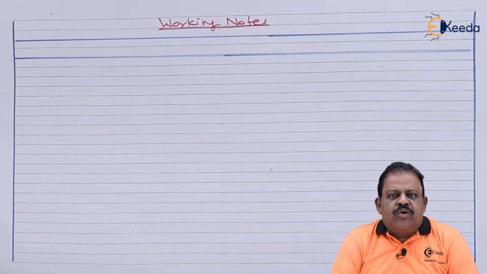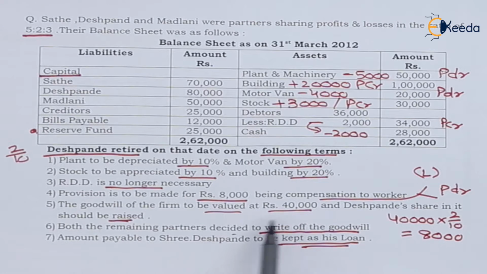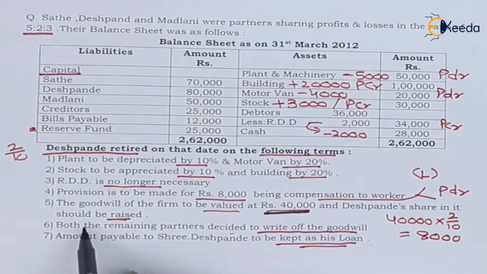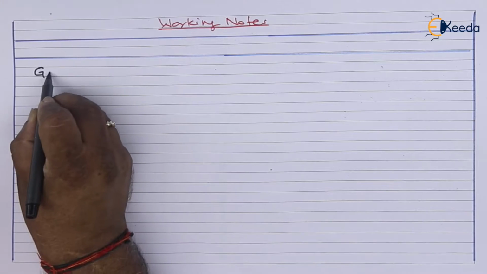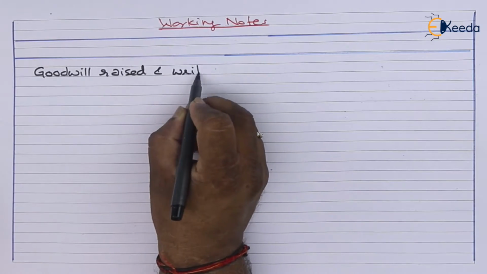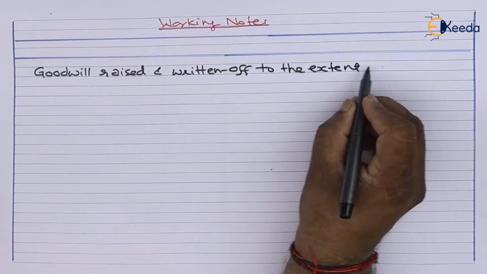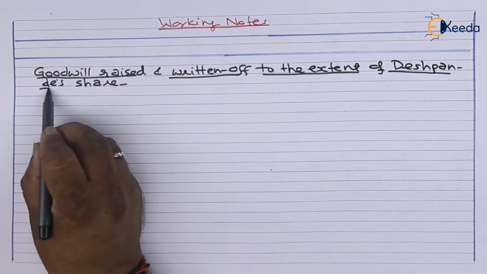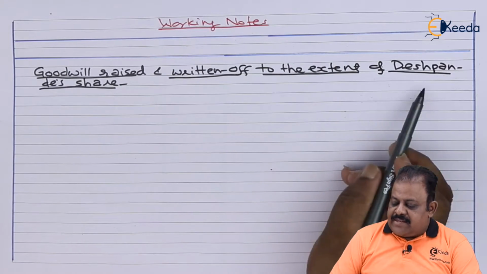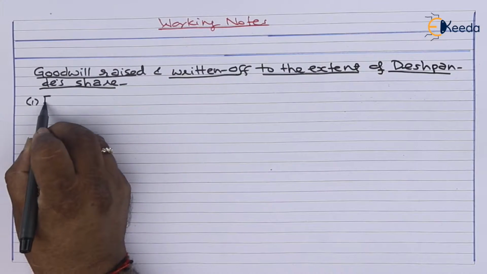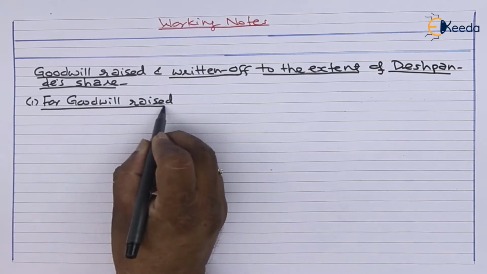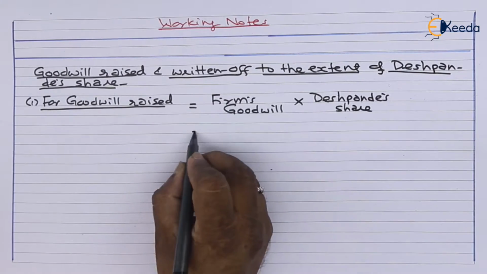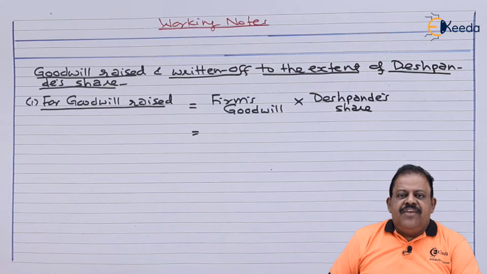Let us do first the working note of goodwill. The goodwill of the firm is valued at rupees 40,000. Deshpande's share in it should be raised. Goodwill raised and written off to the extent of Deshpande's share. Firm's goodwill multiplied by Deshpande's share.